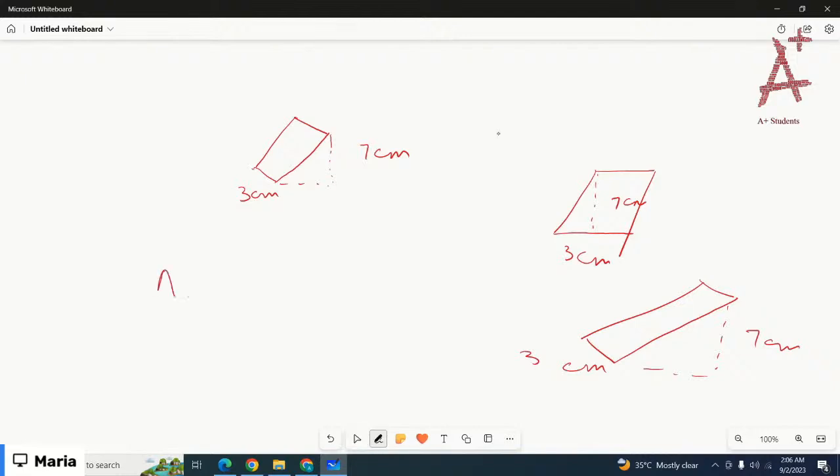It would be A equals base times height, right? Base is 3 and height is 7. So 7 times 3 is 21. That would be 21 centimeter square. So all three parallelograms we have drawn have the same base, 3 centimeter, and the same height, 7 centimeter. So they all have exactly equal area, that would be 21 centimeter square.